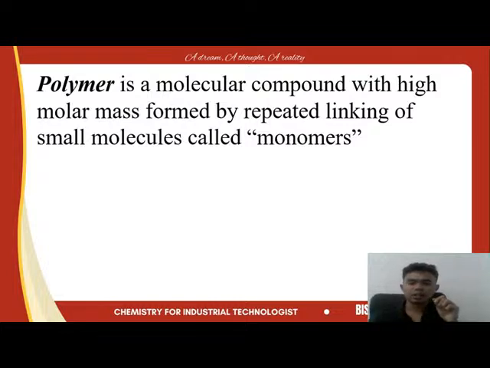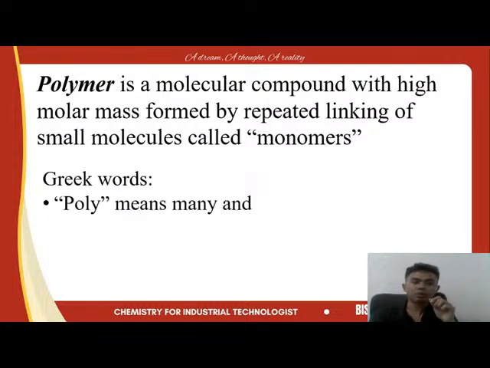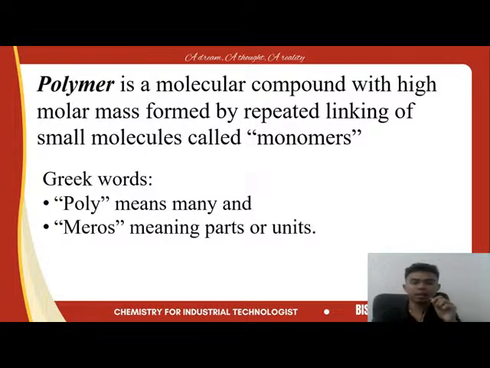Okay, so it is a combination of the Greek words poly, which means many, and meros, which means parts or units. So it can be defined as any class of natural or synthetic substances composed of very large molecules, which are multiples of simpler chemical units called monomers.